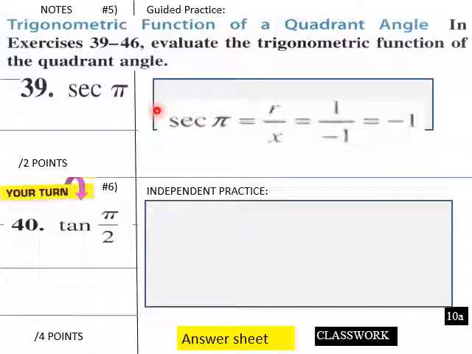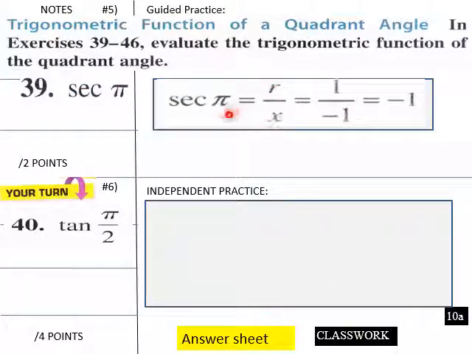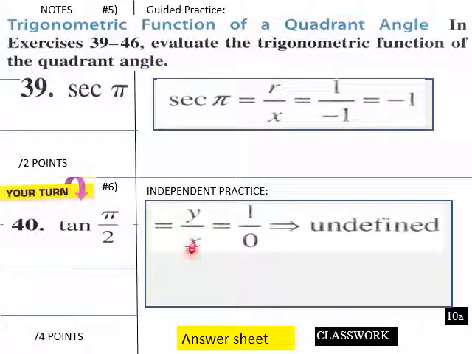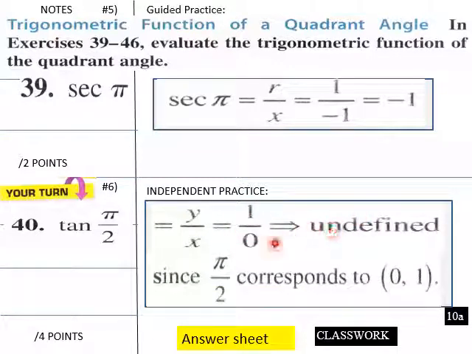Secant of pi would be r over x, and in this case r is 1, and then x at pi would be negative 1, which equals negative 1. And then tan of pi over 2, y over x, so our y value would be 1, our x value would be 0, so it would be undefined since pi over 2 corresponds to 0, 1. So tan pi over 2 would be undefined.